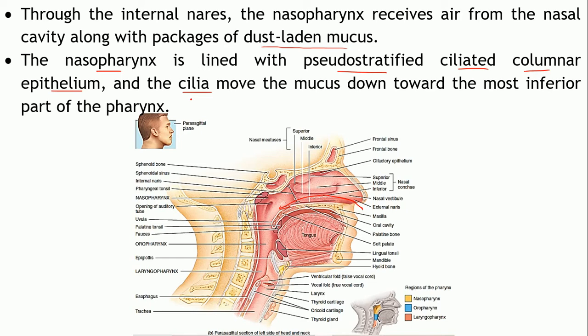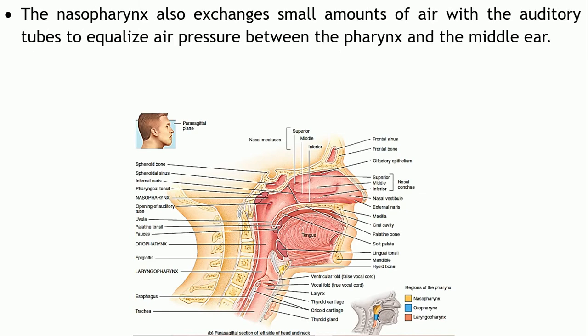These cilia present in the mucous membrane move the mucus down towards the most inferior part of your pharynx. They beat in a downward direction so that the mucus travels that way. From here it can either be swallowed or thrown out through the mouth. So it is not traveling into your respiratory system, but is removed from the pharynx.